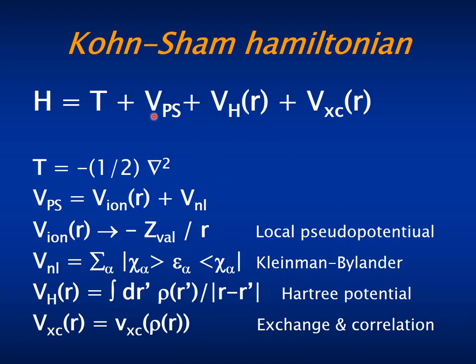In the pseudopotential approximation used by Siesta, the total Hamiltonian is composed of the Laplacian operator T, the pseudopotential, which describes the interaction with the nuclei and the core electrons, the Hartree electrostatic potential produced by the valence electrons only, and the exchange and correlation potential that depends on the valence electron density also.